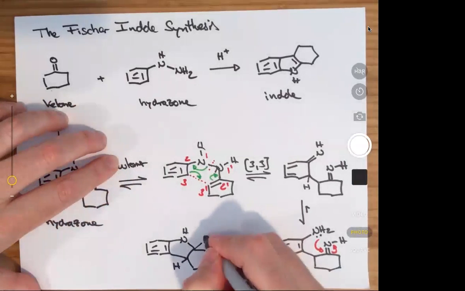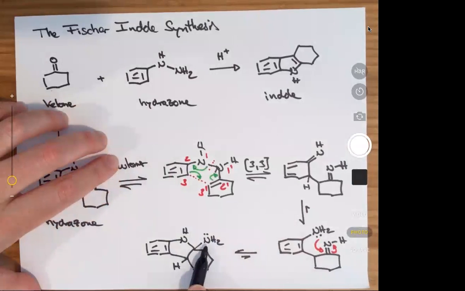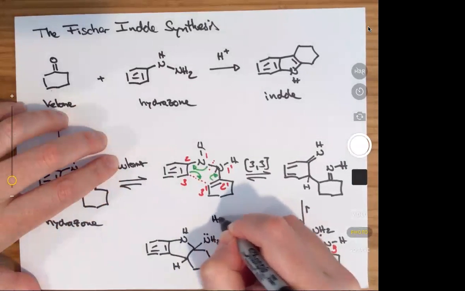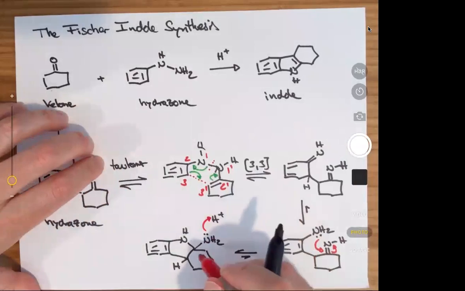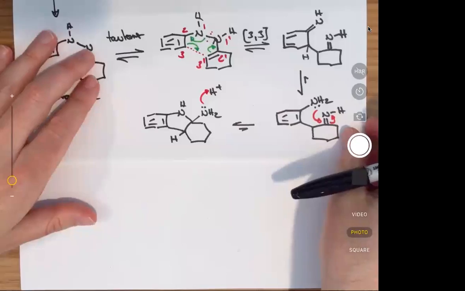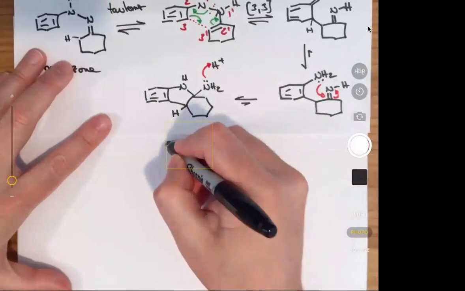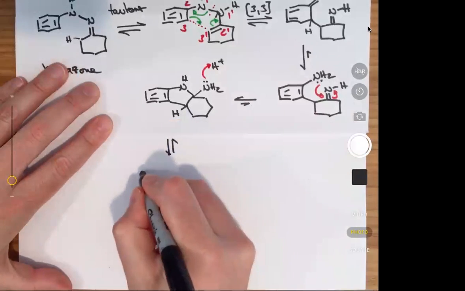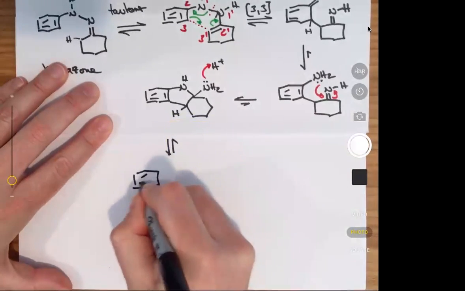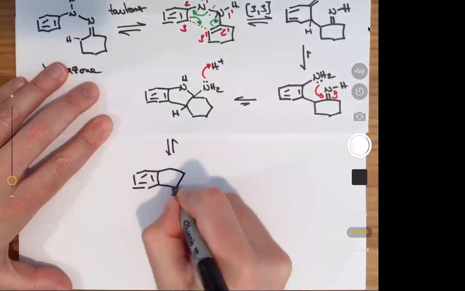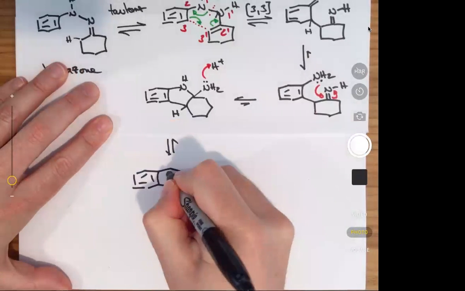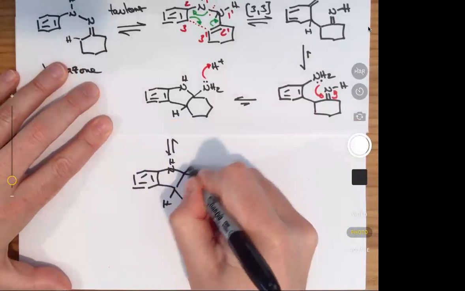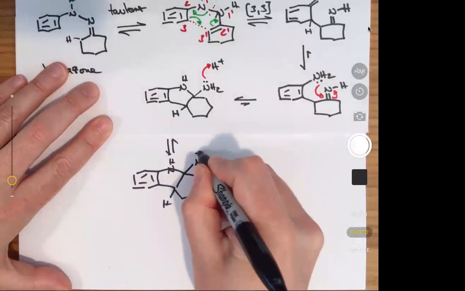Under acidic conditions, you can further protonate this and make this a better leaving group. So H plus can come in here, and well, let's give us a little bit more space. Let's redraw this. NH3 plus.